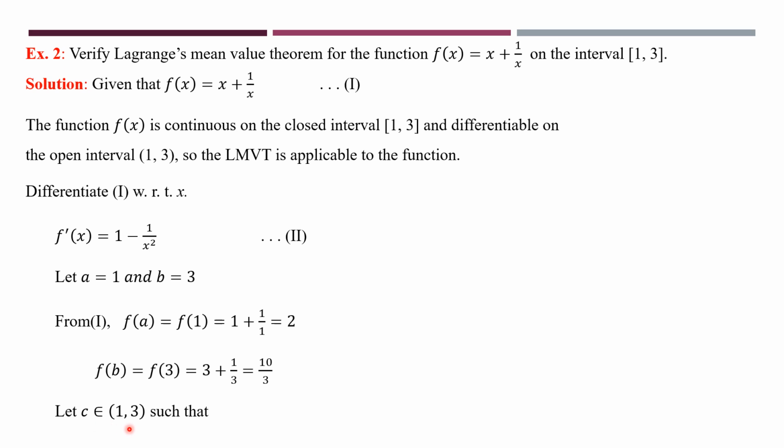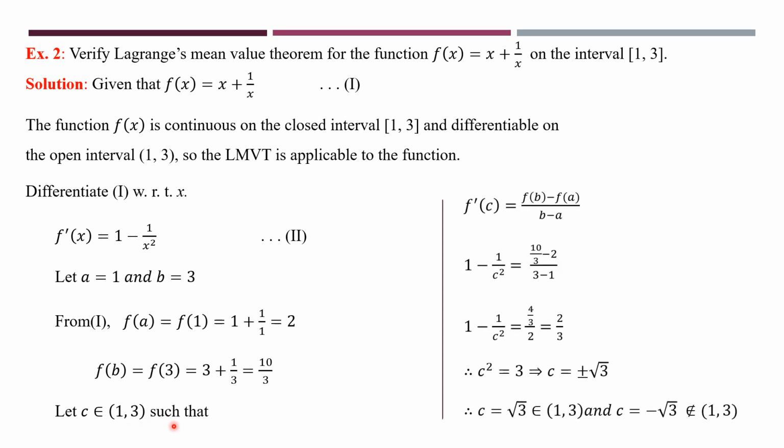Let c belong to the open interval (1, 3) such that the formula is f'(c) = (f(b) - f(a))/(b - a). Put the values. Here is f'(x); then x replaced by c, we get f'(c) = 1 - 1/c². f(b) - f(a) is 10/3 - 2, whole divided by b - a, that is 3 - 1.